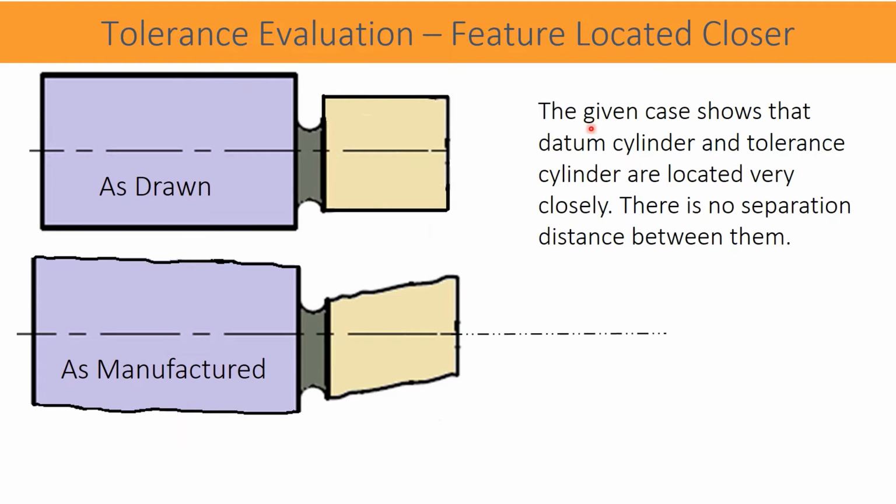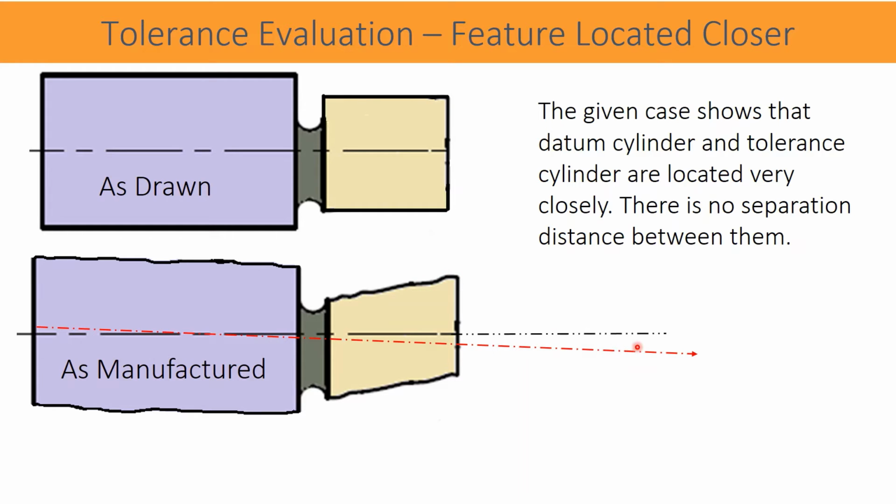The given case shows that datum cylinder and tolerance cylinder are located very closely. There is no separation distance between them. In the given condition of the manufactured part as shown, the actual datum cylinder has a form error like cylindricity or straightness error, because of which the actual axis produced is like this.